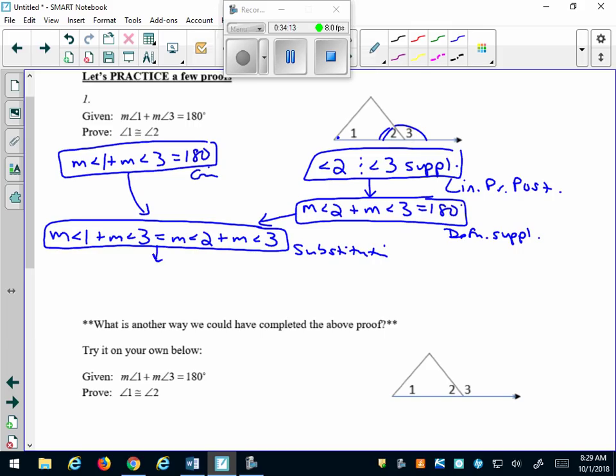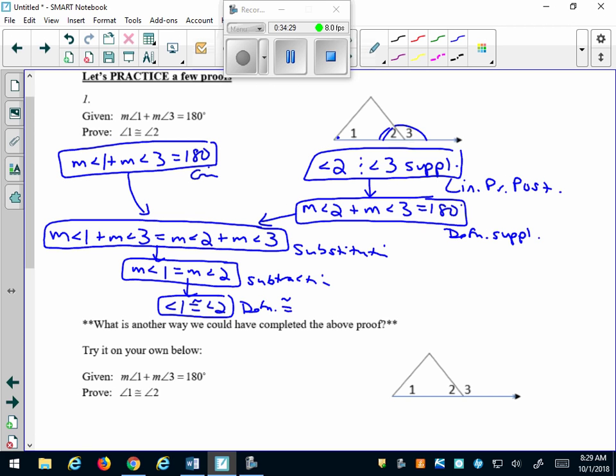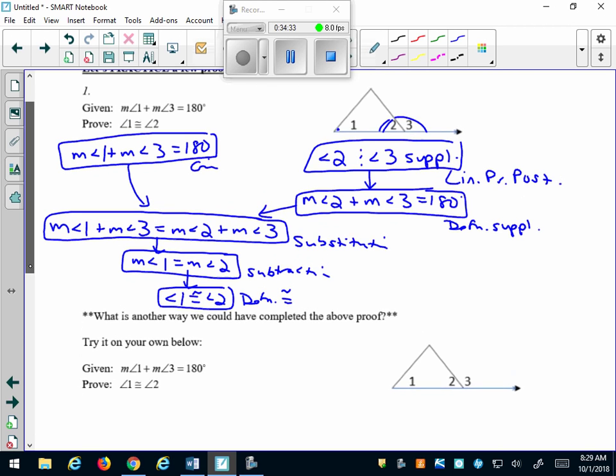And then you could just subtract the measure of angle 3 from both sides. And we've gotten to the point where we can now say that angle 1 is congruent to angle 2 by definition of congruent. And that's the routine that we've been in.